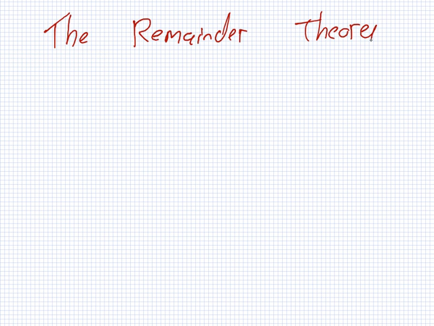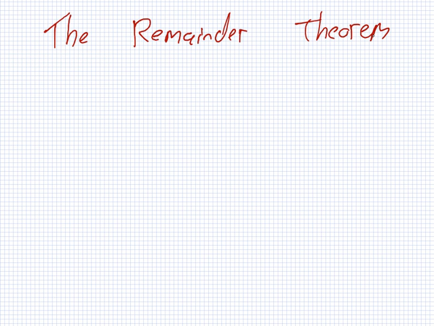Right. So what we'll have a look at now is the remainder theorem. Now, some people would have done this in high school, but I'll go through the proof and then, more importantly, the result.